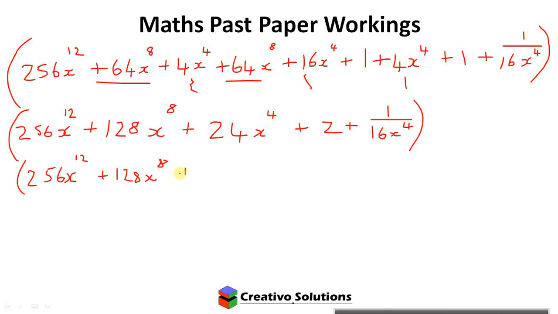So then it's just two of these. Yeah, then multiply those two brackets out. X to the 4 plus 2 plus 1 over 16 x to the 4.